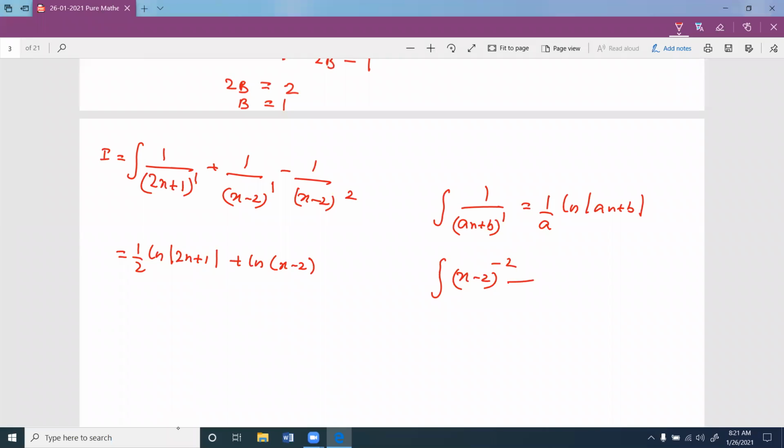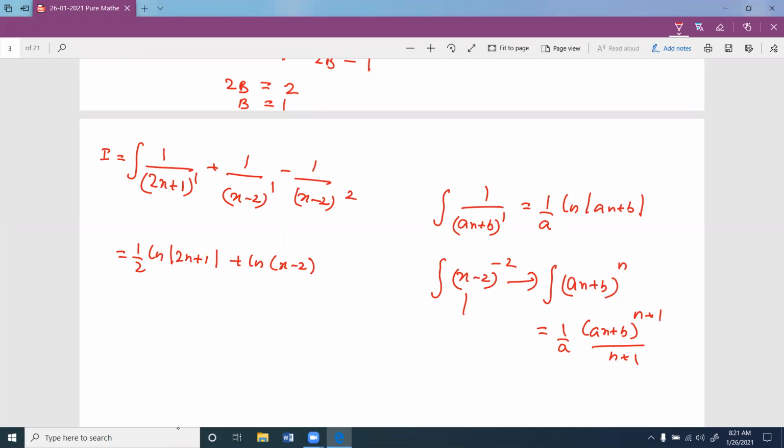That means the approach for this one would be the integration of (ax plus b) to the power n. Because if the power is 1 only, we can use the ln approximation. So over here, if you integrate it, you get the answer 1 over a times (ax plus b) to the power n plus 1, over n plus 1.